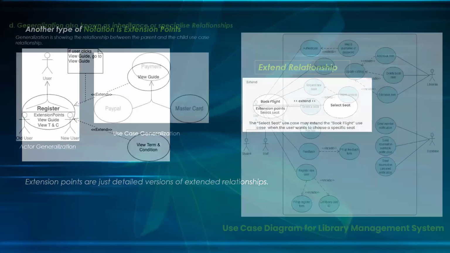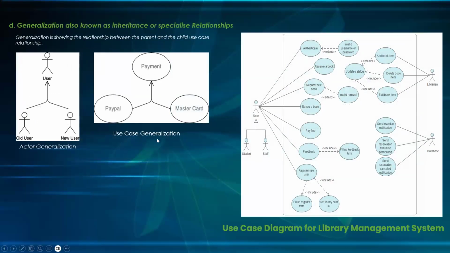I made a mistake here. I'm supposed to change that. Anyway, it's generalized. So this payment is generalized, then these methods of payment are specialized. However, it's a generalized relationship. That's why they said it's also known as inheritance or specialized relationship.